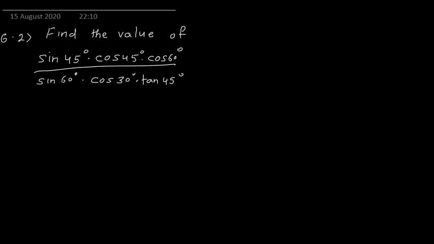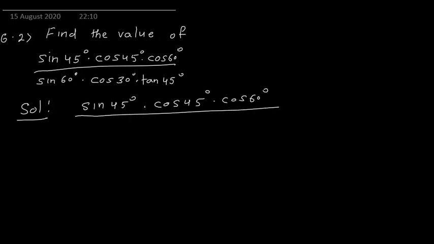Next problem again. Okay, all the problems you have to solve first by yourself, okay, and then see the solution. We have sin 45 degree into cos 45 degree into cos 60 degree, whole divided by sin 60 degree into cos 30 degree into tan 45 degree.